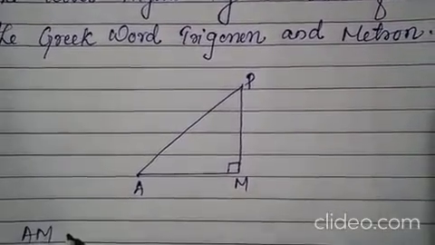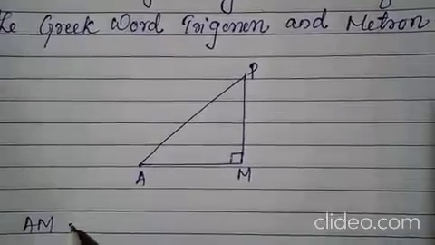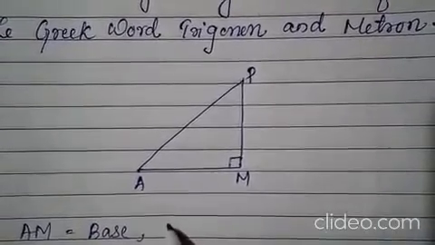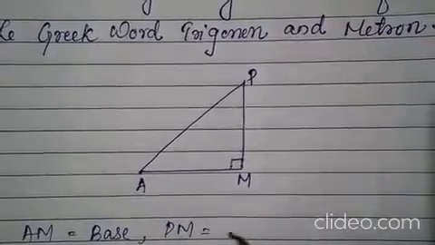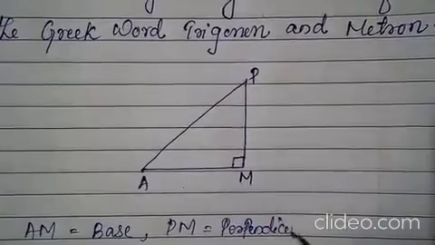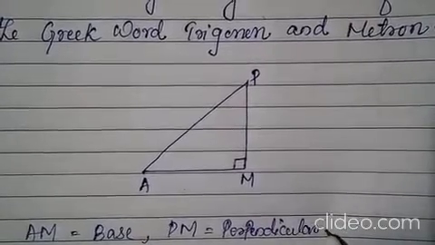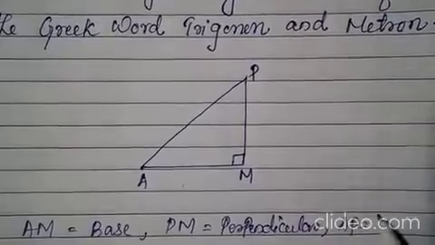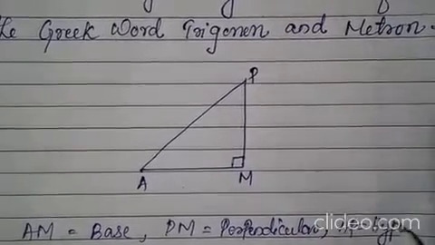AM equals base, and PM equals perpendicular. Then which one is remaining? AP equals hypotenuse. Understood?